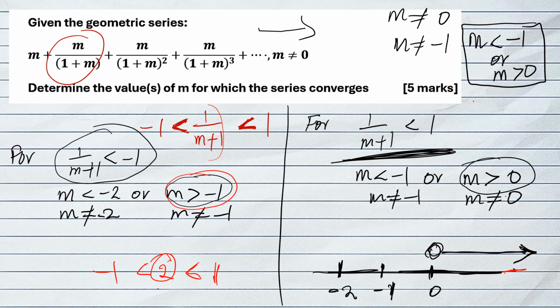Let's come to m less than minus 1, from this point going there. We're going to test with negative 1.5 to check that in-between point. Hence, it was a bit of a tricky question, really.